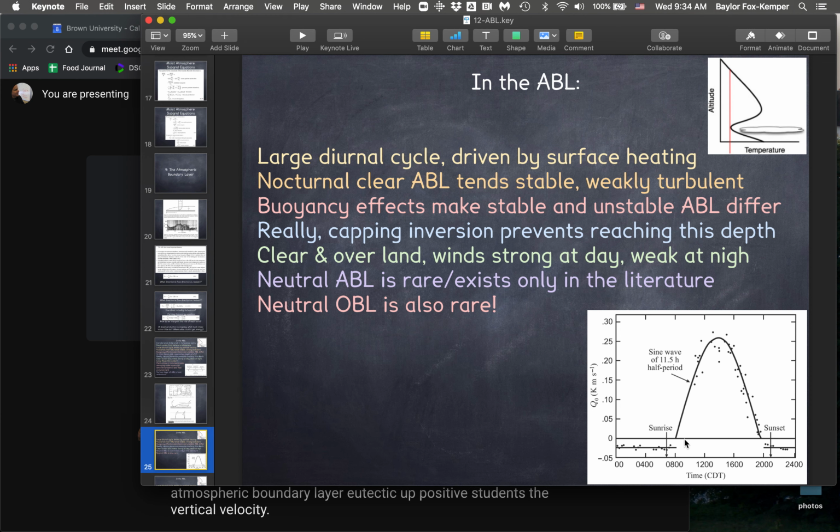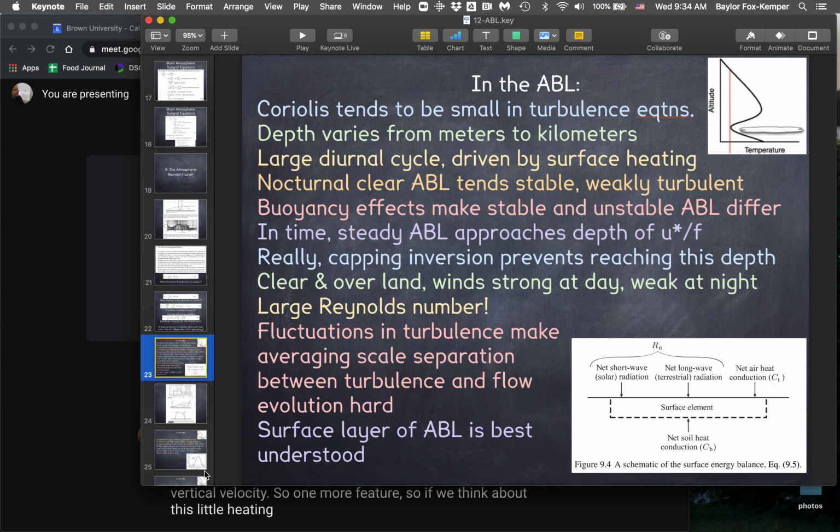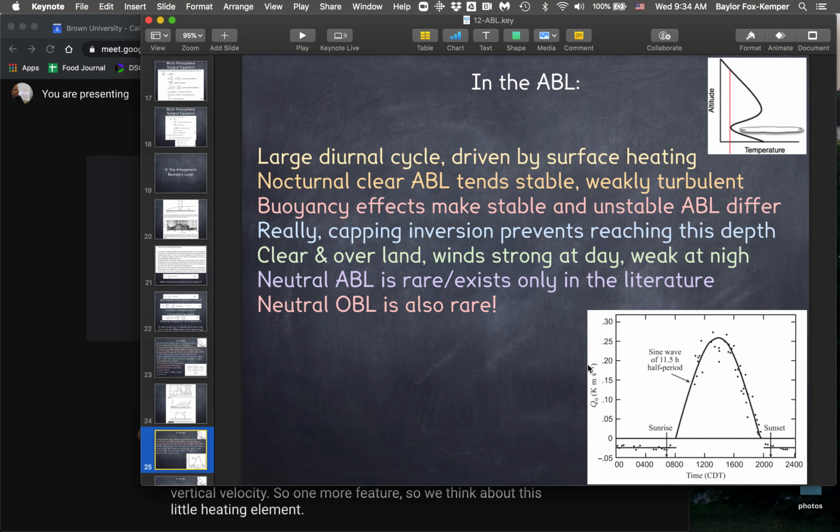So one more feature. If we think about this little heating element, we might think about what the fluxes are from the surface to the atmosphere above. So this is the buoyancy flux. At night, between sunset and sunrise, this has the flux going downward, warming the surface.